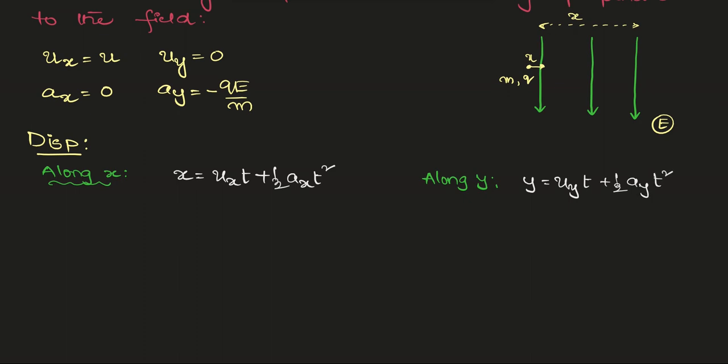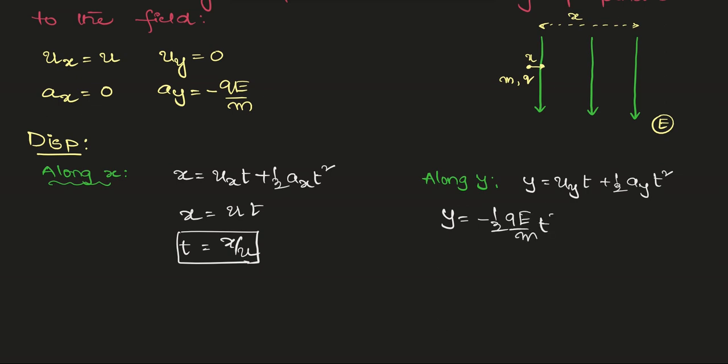So as ux is u and ax is 0, displacement along the x-axis will be u into t. From that, t is equal to x by u, so you can identify the time in which it will cross the electric field region. Now along the y-axis, as uy is 0, y will be equal to minus half qE by m into t square.